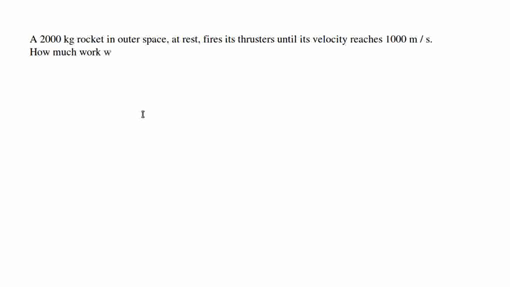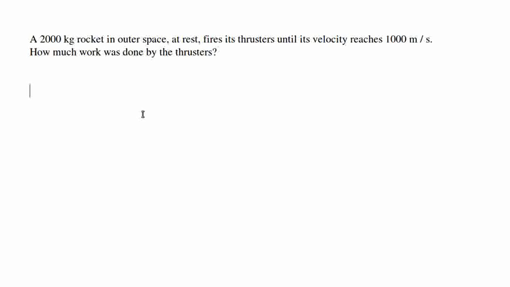How much work was done by the thrusters? So we're in outer space, so there's no gravity, and the only force is the force due to the thrusters, so that's the net force.